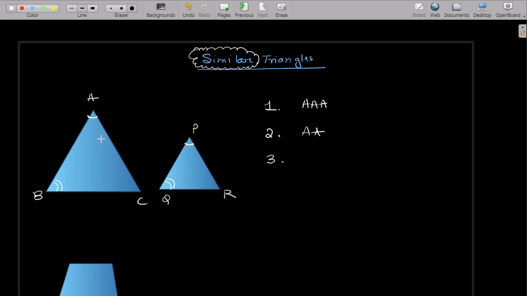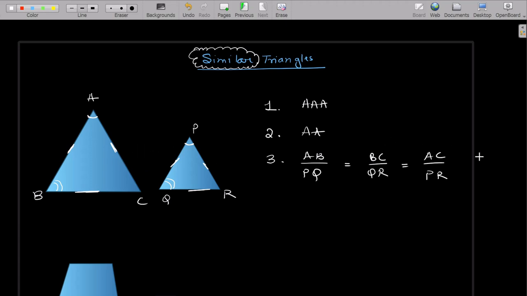If I find the ratio of AB over PQ, the ratio of BC over QR, and the ratio of AC over PR, and you get these three ratios equal, then also you can say that these two triangles will be similar.